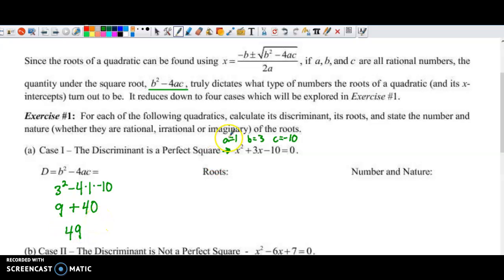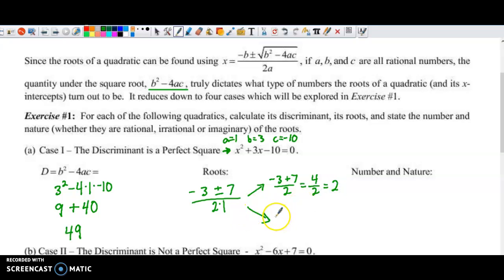So if we were to go through the process and actually do all of the answer, I know that the square root of 49 is 7, all over 2a. As a reminder, this is the same thing as negative 3 plus 7 divided by 2. So that's positive 4 divided by 2, which is 2.